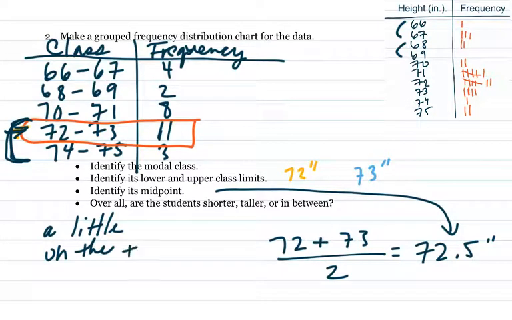Again, that's all relative. You could always have somebody who walks in and says, no, they're so short, I'm 7 feet 2 inches or something. But compared to one another, because our modal class is towards the taller end, and it appears to be slightly heavier on the taller side, we could say that they're a little bit taller.